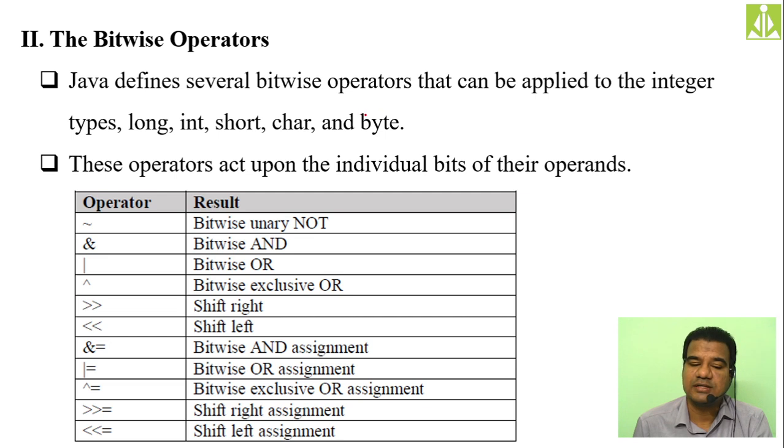They will not apply directly on whatever value you are giving. First they will convert to binary form and apply at bit level. These operators act upon individual bits of their operands. So they will convert the number into binary form and operate on individual bits.